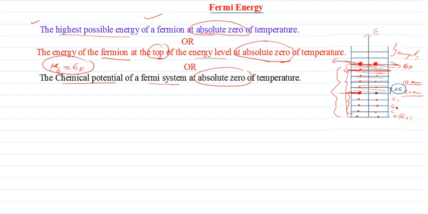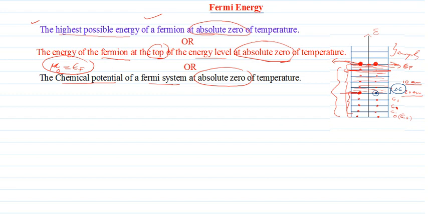Okay, you will understand why I have asked that question. Because suppose this particular fermion, say this is an electron, took the additional energy produced by the increase in temperature. Suppose this electron has received the additional energy due to the increase in temperature. Then what should happen?